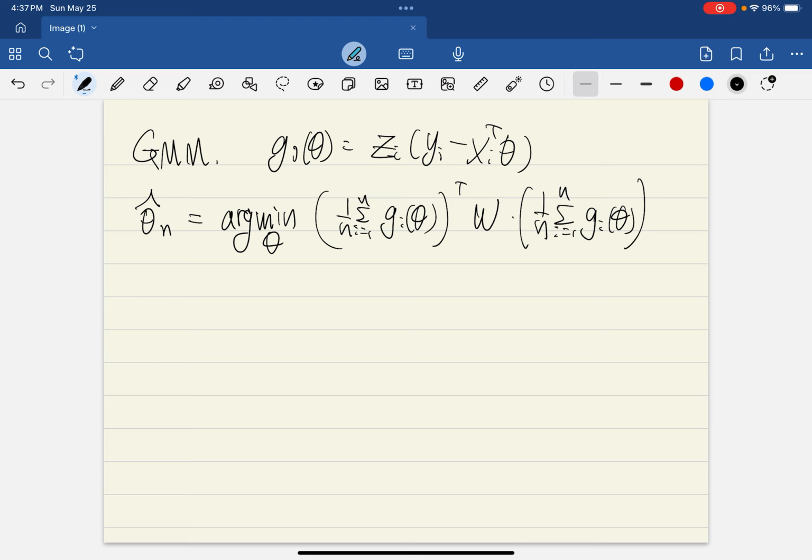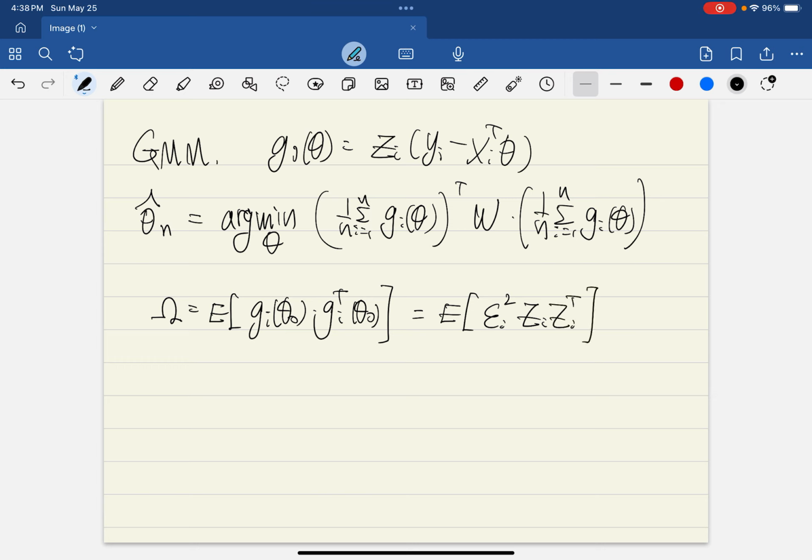And in doing this, we define this kind of notation, like omega defined as expectation of gi theta 0, the true theta, times g transpose theta 0. Basically the variance of gi, which simplifies to epsilon i squared zi zi transpose, right? It is a matrix. And under homoscedasticity, you can write it as this.